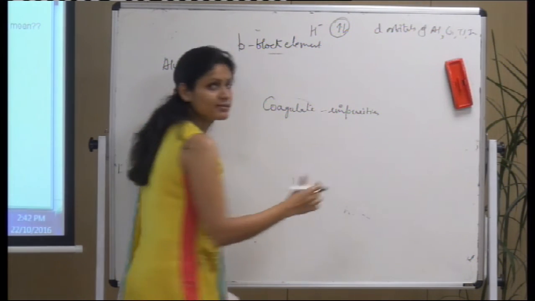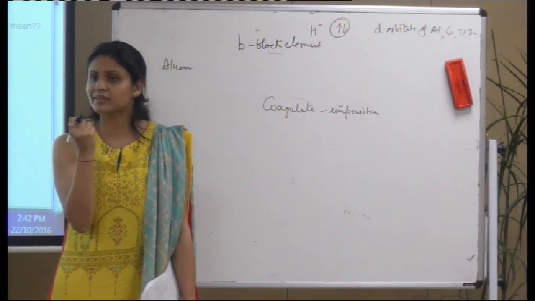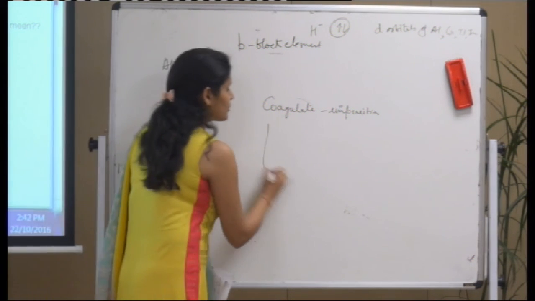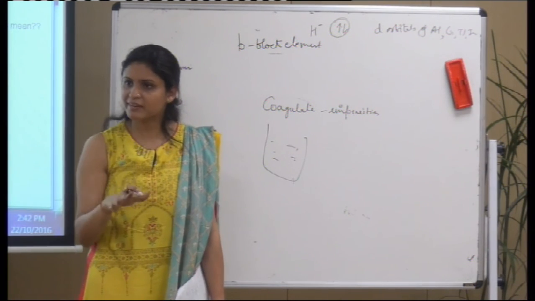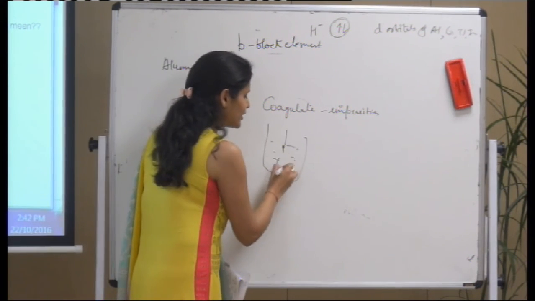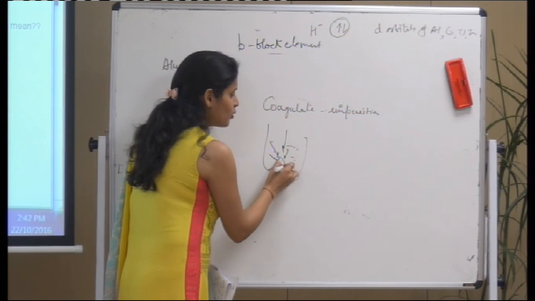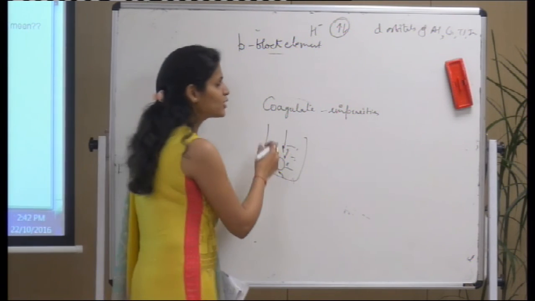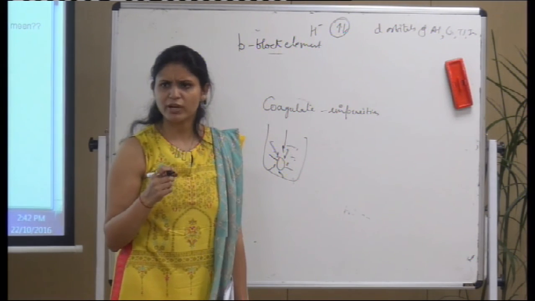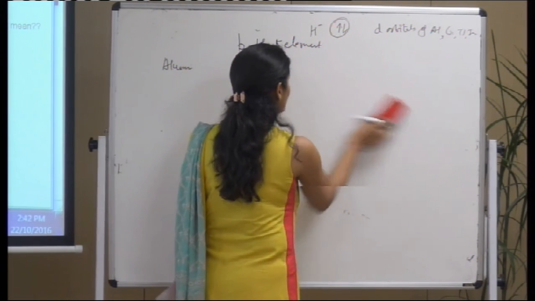Coagulate means it will make them into a bunch, it will gather them all together. What happens in water? All the impurities are suspended. Suspended means floating everywhere. But if I put Fitkari into it, it will coagulate all these impurities into a single mass or lump. Okay? This is basically coagulation. Already you have studied coagulation in surface chemistry, right? So this is the role of alum.